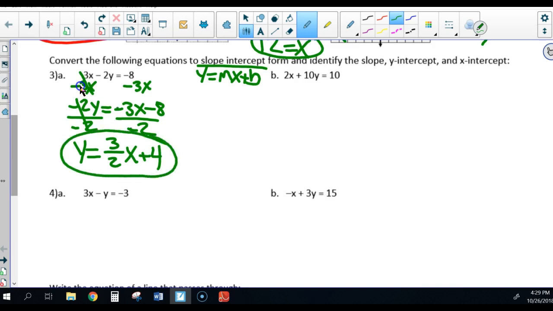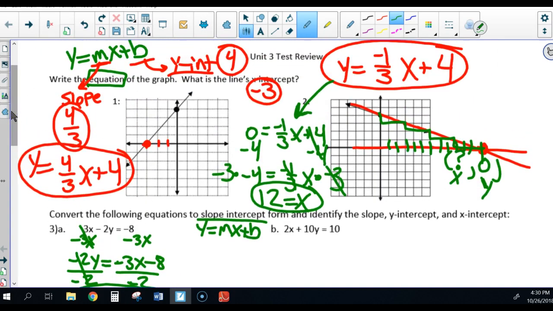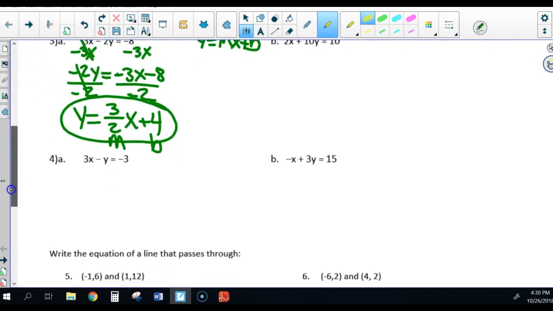There's our equation. Identify the slope. Well, your m is your slope. That's 3 over 2. Your b is your y-intercept. That's positive 4. The x-intercept is different. That's where we need to look at this equation and figure out, sort of like up above, we need to find the x when y is 0.